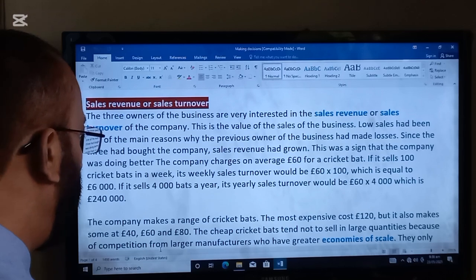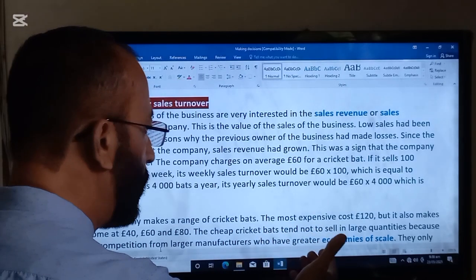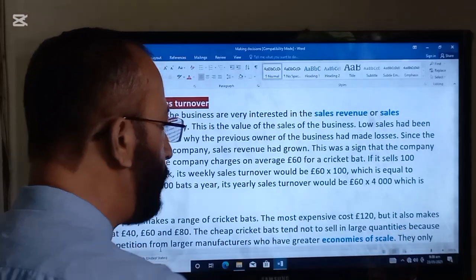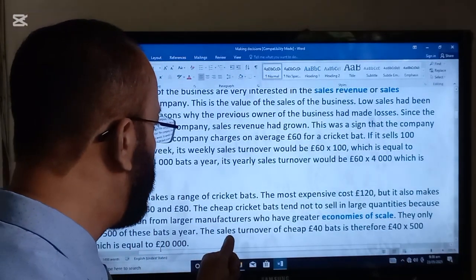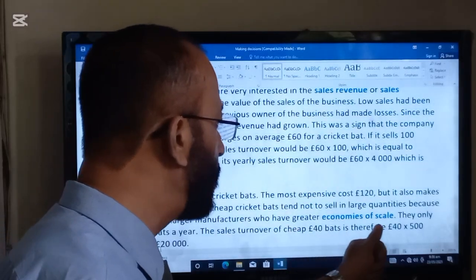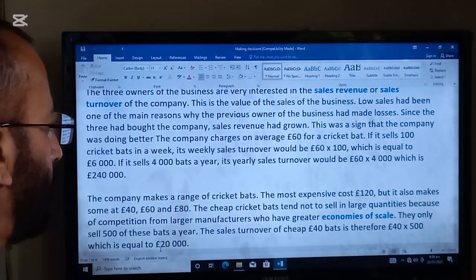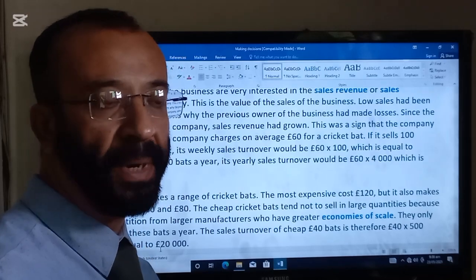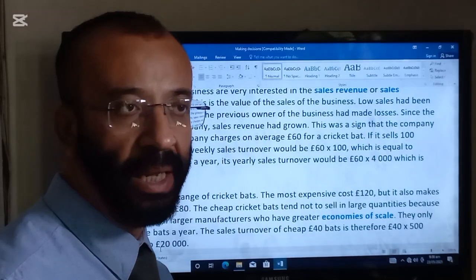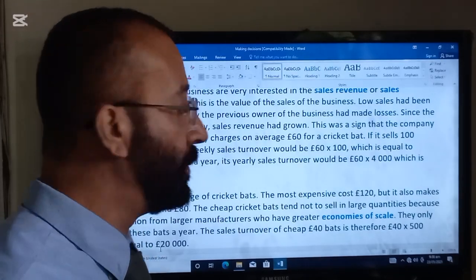The cheap cricket bats tend not to sell in large quantities because of the competition from the larger manufacturers who have greater economies of scale. Economies of scale is obtained by purchasing or selling in bulk.